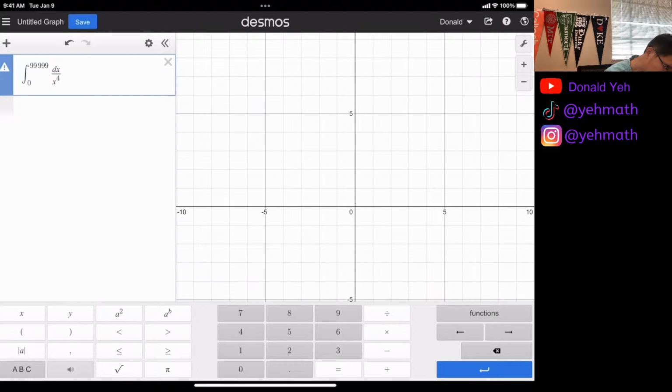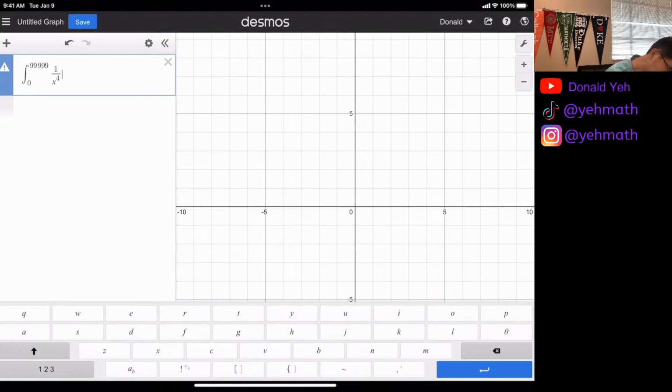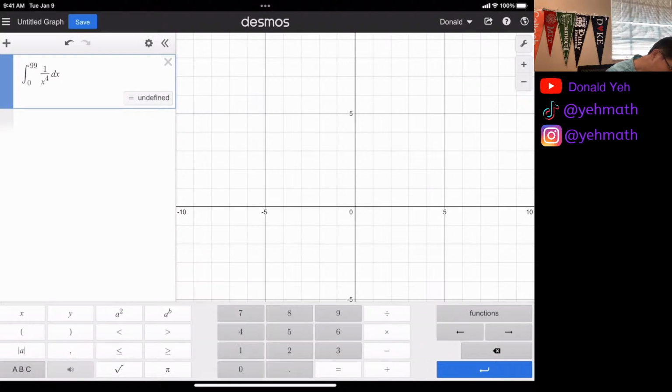The number is too big. No, it's fine, it just needed 1 here, and dx here. You can't have 0. You were showing us 1 to infinity, not 0 to infinity.